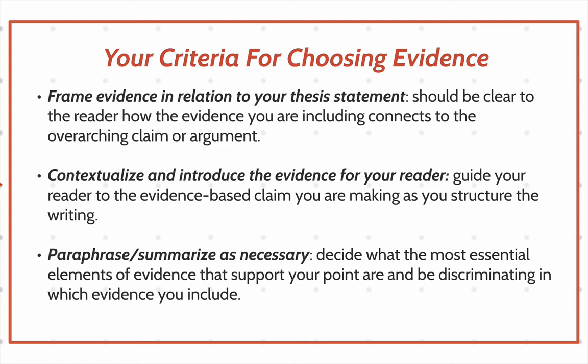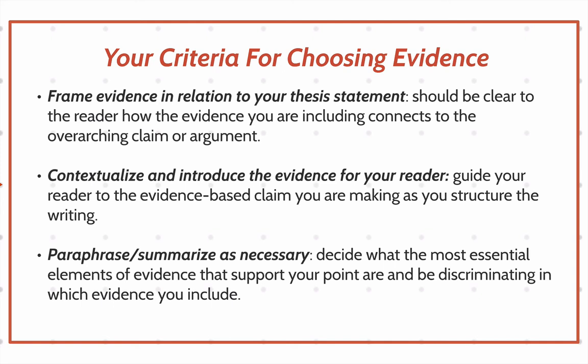You also want to contextualize and introduce the evidence for your reader. Anytime you introduce a claim, some sort of quotation from a text, it's an interjection. It's going to kind of insert itself into the paper. And so you want to try to guide your reader as much as possible through that evidence that you're integrating. If it's a direct quote, the change in voice can be weird, right?